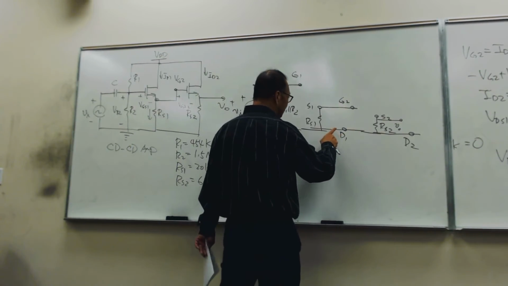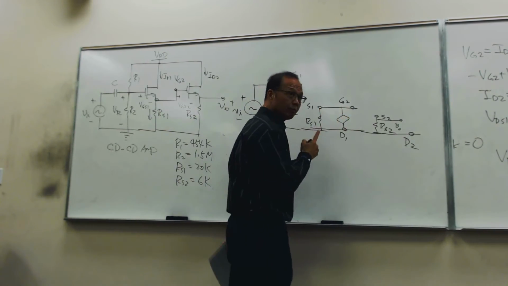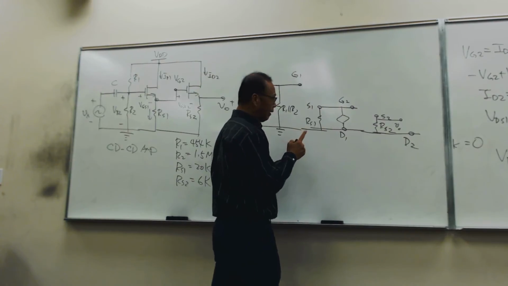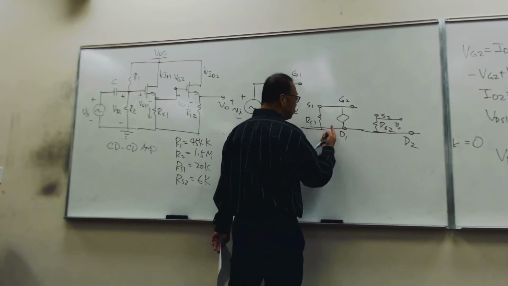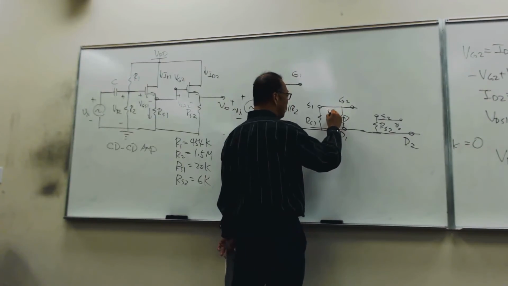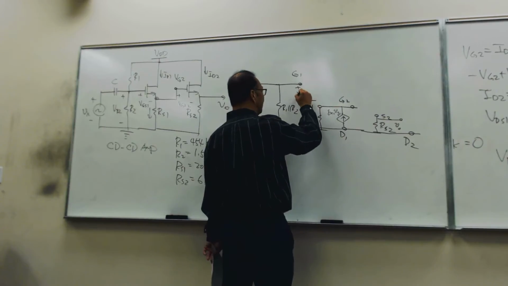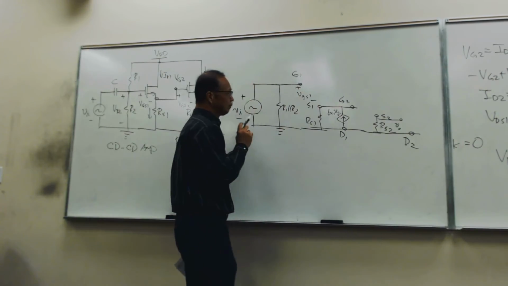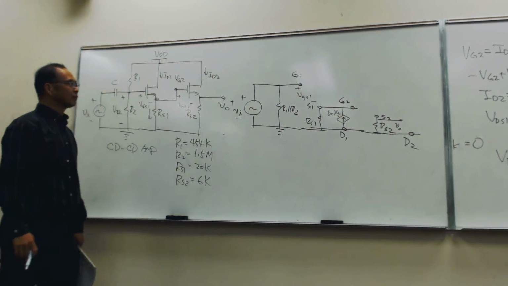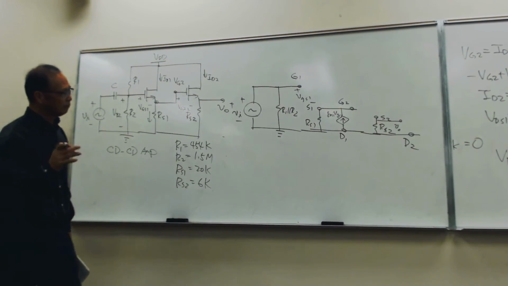So here, drain to the source, and always go from the drain to the source. So this is gm1 VGS1, and this is VGS1. That's it. We don't have any r's above.